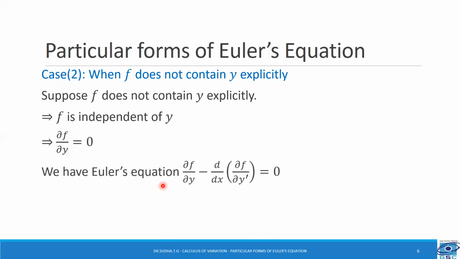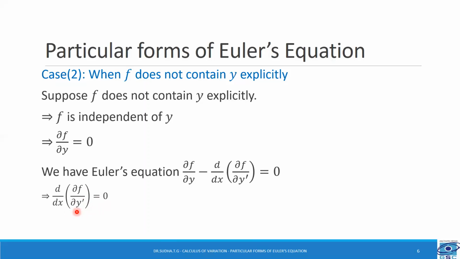So we have the basic Euler equation, ∂f/∂y minus d/dx of ∂f/∂y dash is equal to 0. Here ∂f/∂y is 0, so the first term becomes 0. So we get d/dx of ∂f/∂y dash is equal to 0.